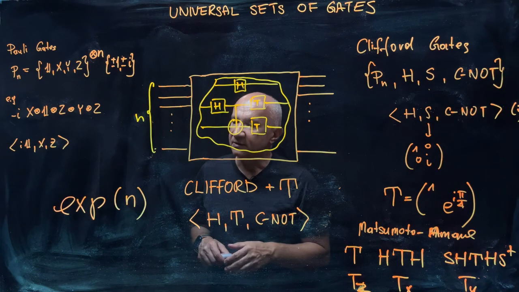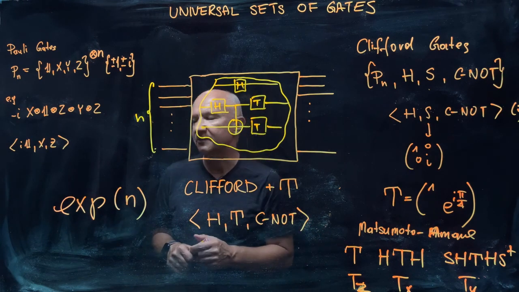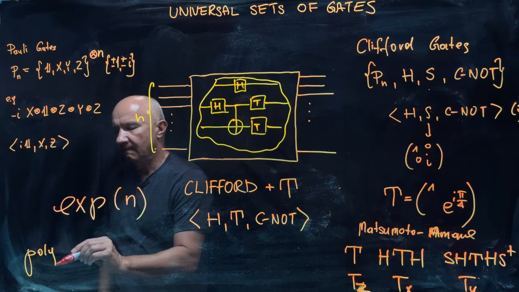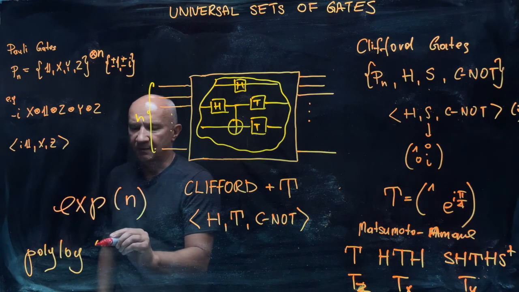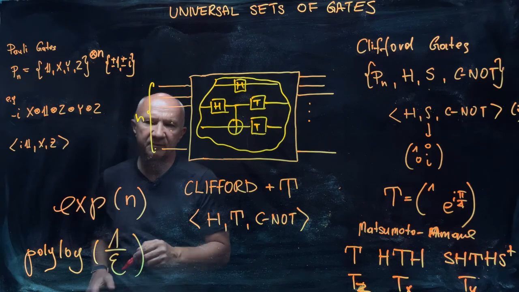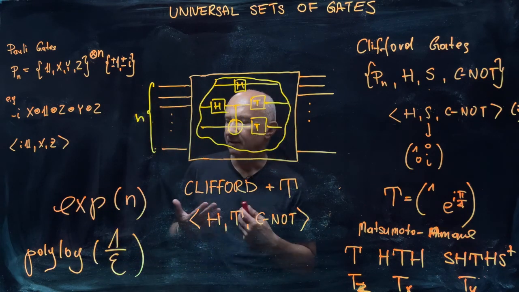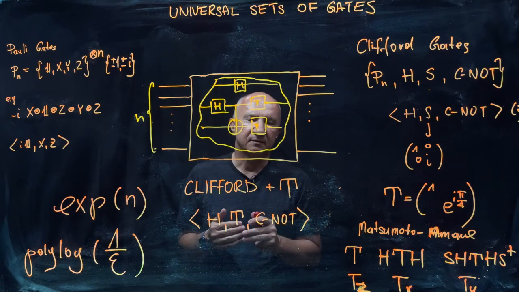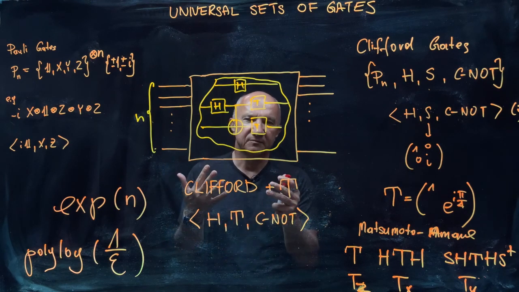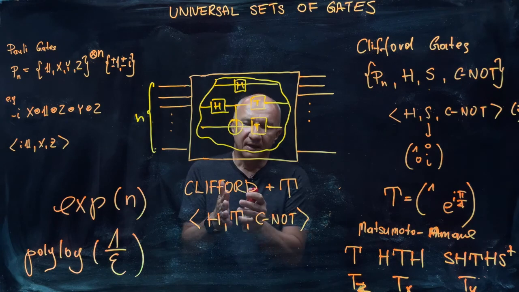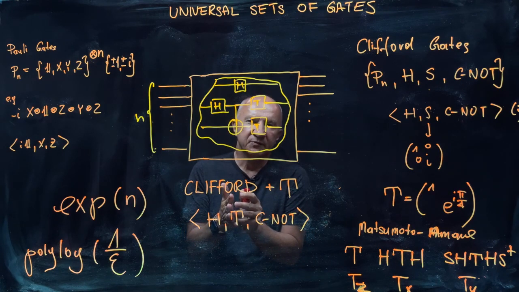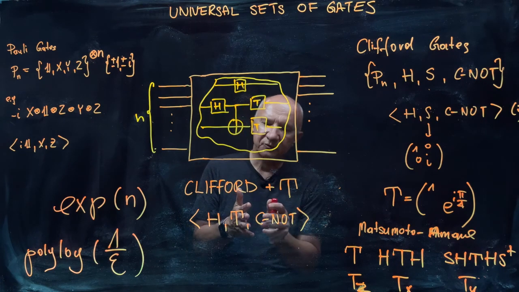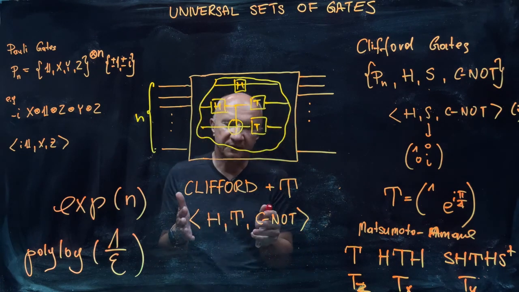But the good news is that when it comes to precision, it's just polylogarithmic in 1 over epsilon. Remember the Solovay-Kitaev result. We can fix the number of qubits, and if you want to approximate a given unitary operation with a little bit more precision, you don't have to work that hard.